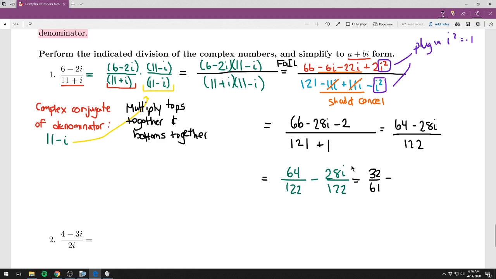And then same thing for 28 and 122. We can take a 2 out of each. 2 out of 28 is 14. We still have our i up there. And take a 2 out of the 122, we get 61 again. This right here is totally 100% simplified. If you go this far, there's nothing more you can do.